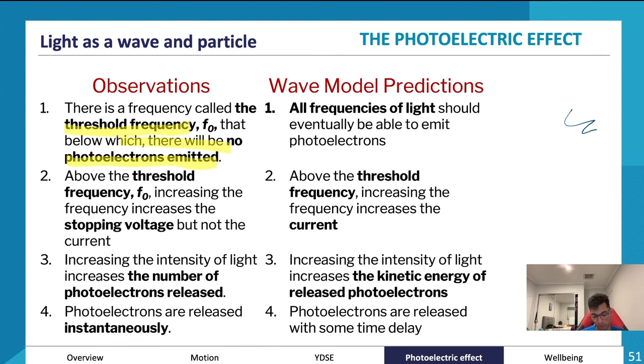Whereas the wave model predicts the opposite. The wave model says any frequency of light should be able to emit photoelectrons. It doesn't matter about the intensity or anything. Any frequency of light, given enough time, should be able to emit photoelectrons, at any intensity.